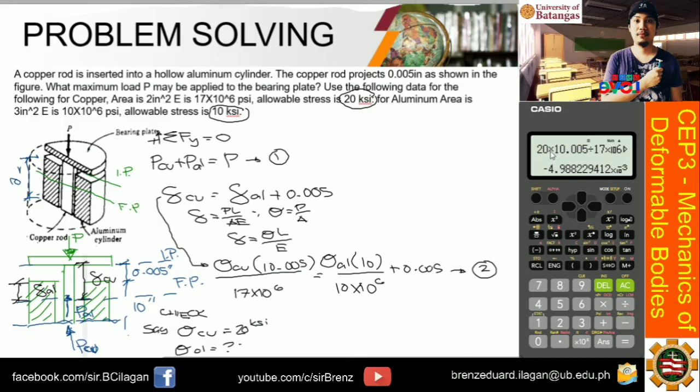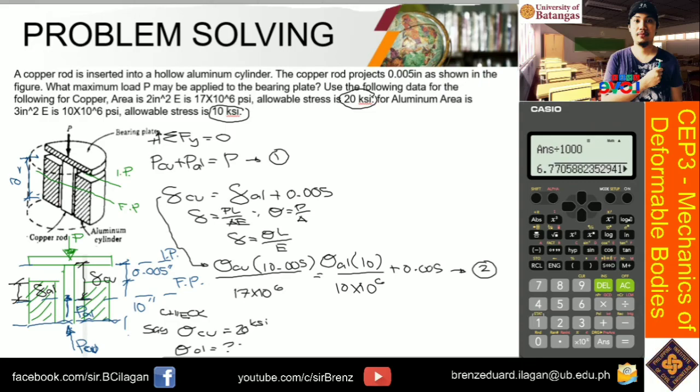So, gawin natin to ha, times 1,000, times 10 times 10 to the 6 and then divided by 10. So the answer here is, divide natin ng 1,000 to make it in KSI.